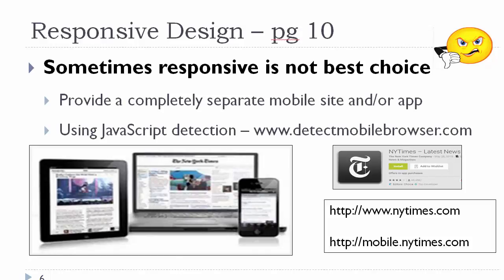However, sometimes a responsive layout might not be the best choice. And in some instances, a company might decide that we do need to have a completely different desktop site, maybe a completely different mobile site, maybe a different site for a tablet, and maybe also a mobile app.